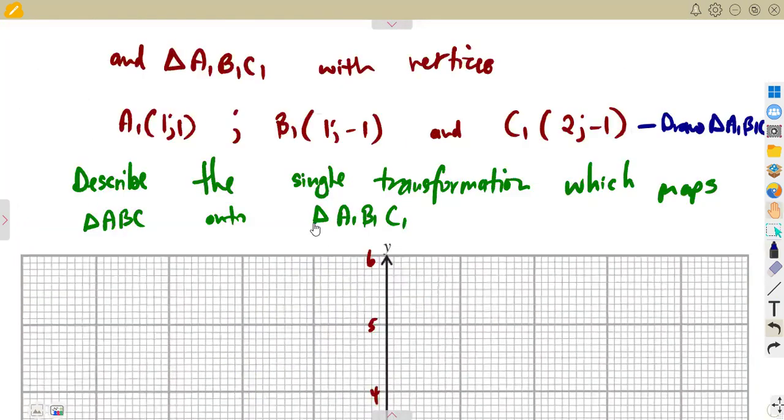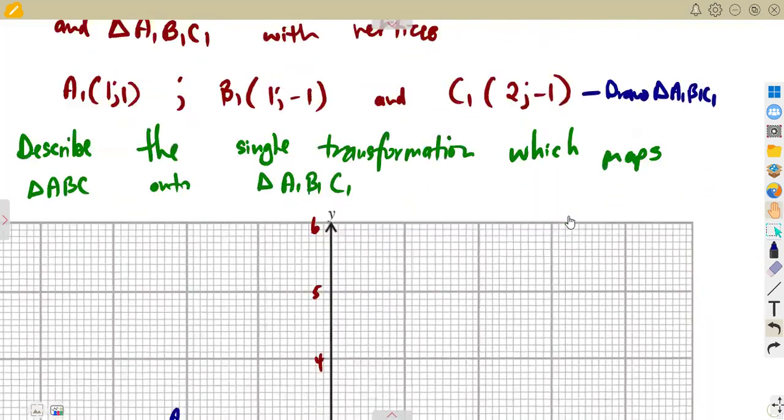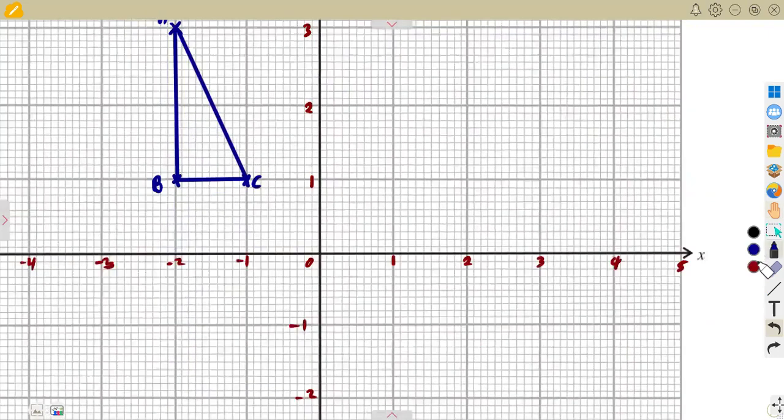Let's move on. Then we've got triangle A1, B1, C1, with the vertices A1, which is 1, 1, B1, C1. So you mark the points just like the previous case, then you draw. All right, so let's start. A1, that is 1 versus 1. We're going to mark our A1, 1 on X, then 1 on Y. You mark your point. So that is your A1.